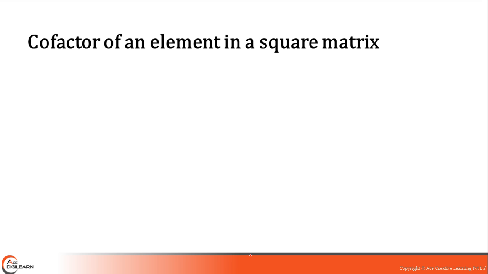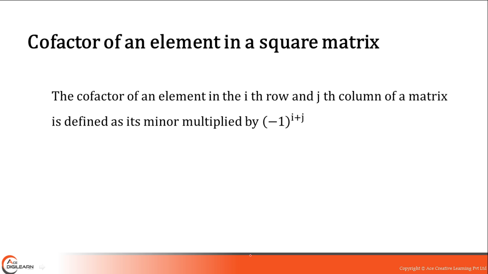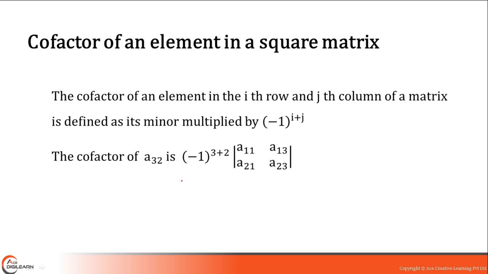Next, cofactor of an element. Cofactor of an element is defined as its minor multiplied by minus 1 power i plus j. So, the cofactor of the element a32 can be written as the minor multiplied by minus 1 power row number 3 plus column number 2.